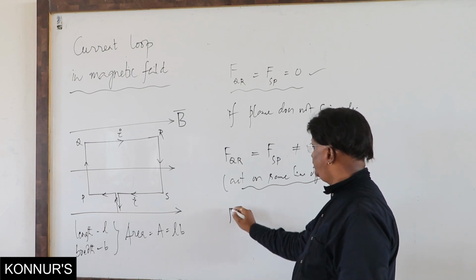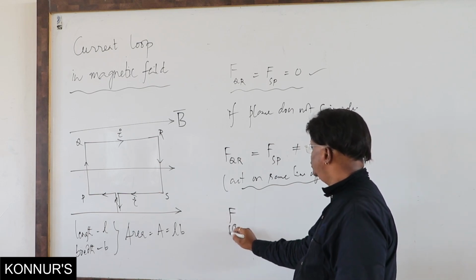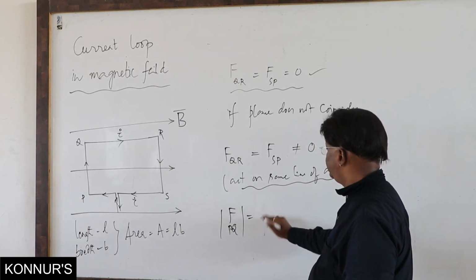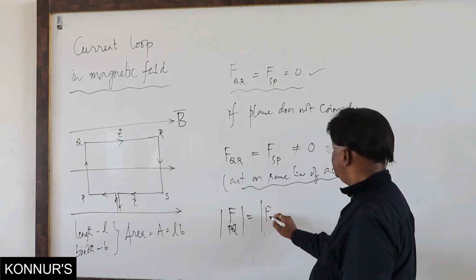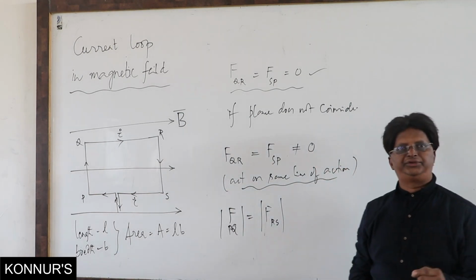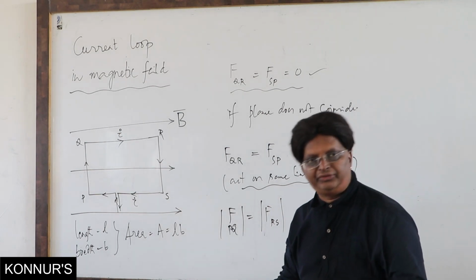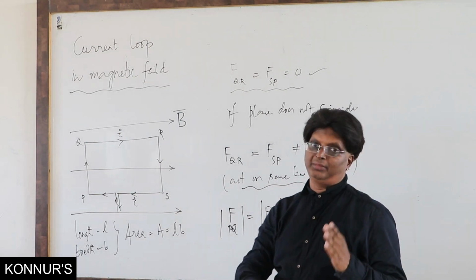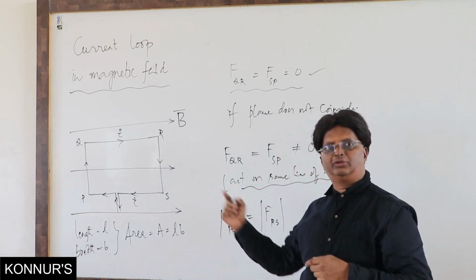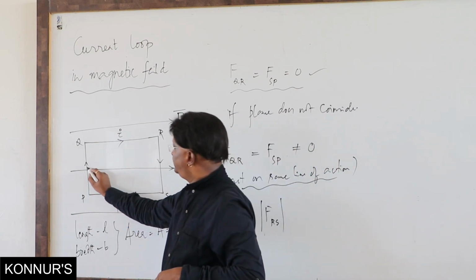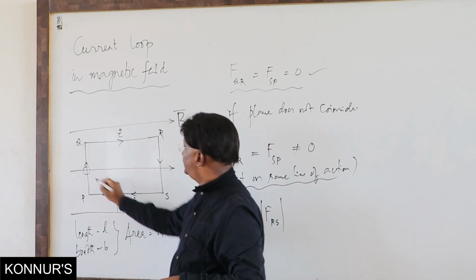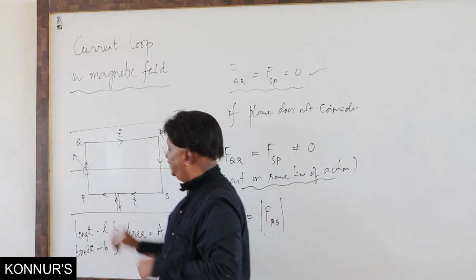Now the other case, what is that? F_PQ magnitude is equal to the force on the two straight conductors. The case of theta equal to 90 degrees, F equal to ILB sin theta, theta 90 degrees, force maximum ILB. Now, if you use Fleming's left hand rule here, what happens? This is the force on PQ which will be acting this way.